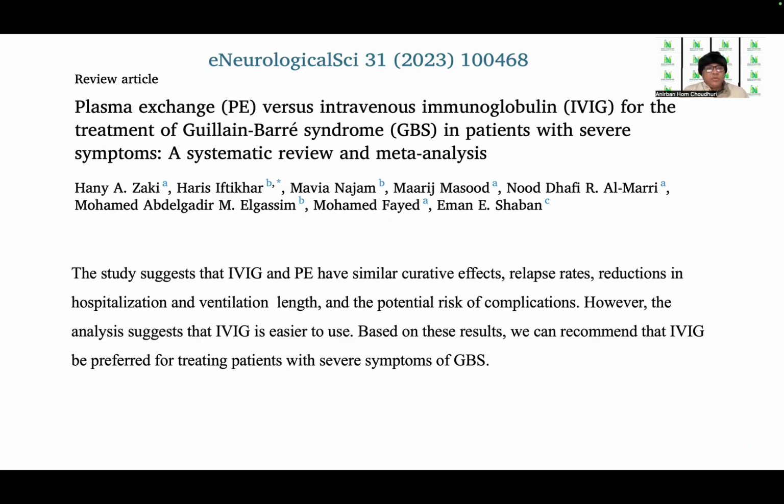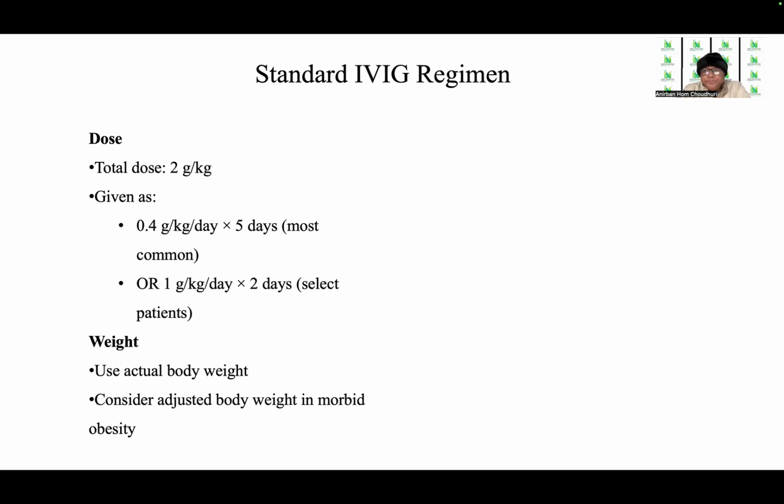They suggest that both IVIG and PE have similar curative effects, relapse rates, reductions in hospitalization and ventilation length, and potential risk for complications. However, the analysis suggests that IVIG is easier to use. So based on these results, it is recommended that IVIG be preferred for treating patients with severe symptoms of GBS.